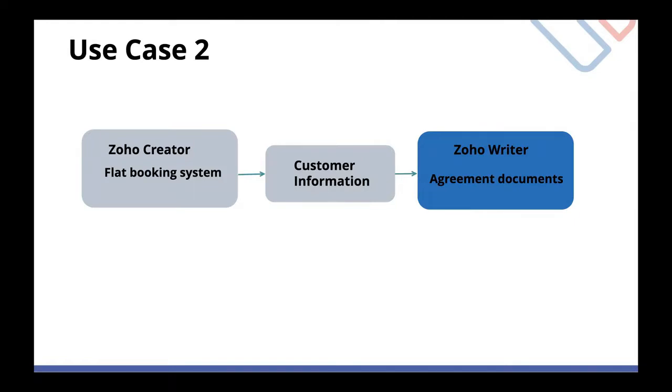In that case, generating a physical document for every one of the users is not a viable solution. So we can just feed the customer information to our Creator, and Creator executes a custom function and generates documents, which are sent directly to the tenant to sign. We just inform them, hey, this is your rental agreement, go ahead and sign and send it over to me.